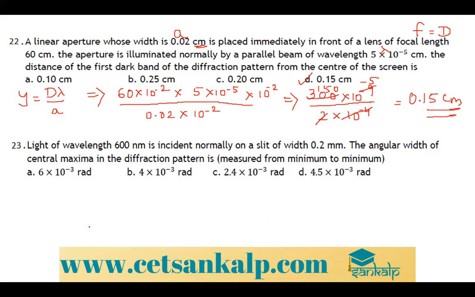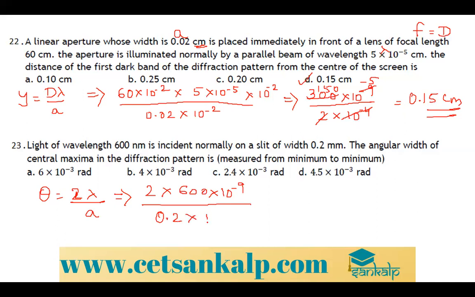So angular width is given as theta is equal to 2 lambda divided by a. This is the formula. So 2 into 600 into 10 to the power minus 9 divided by 0.2 into 10 to the power minus 3.